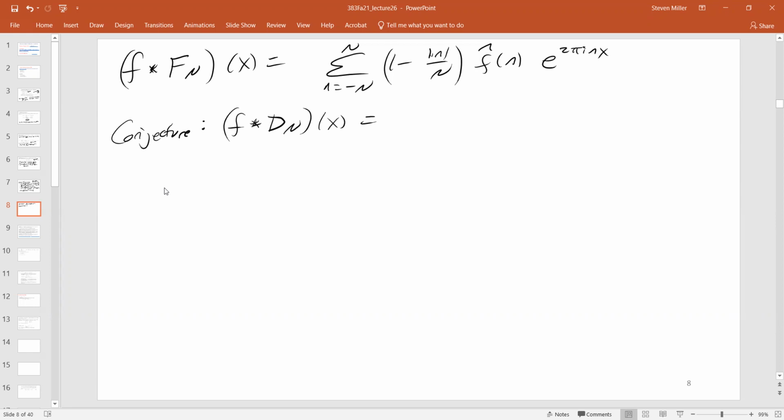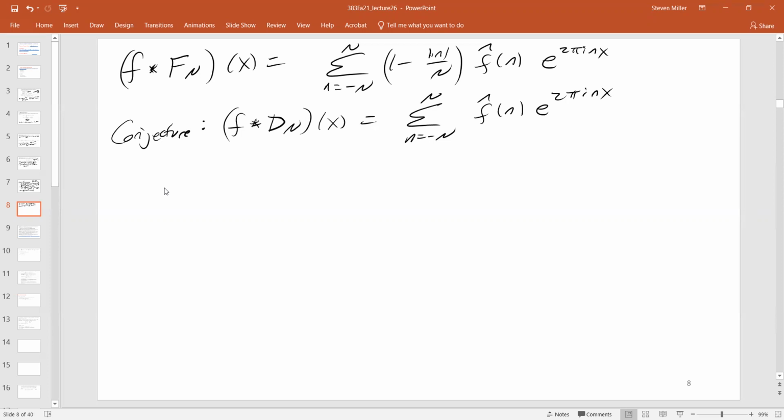Without doing the calculation, what would you just conjecture that would be? There would be no weights. It would just be the unweighted sum.